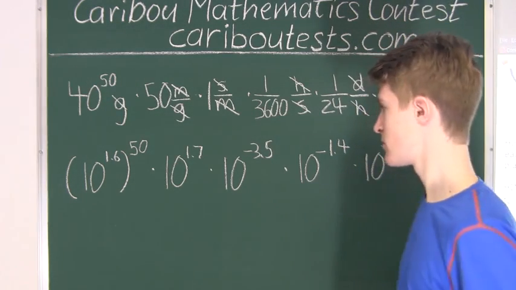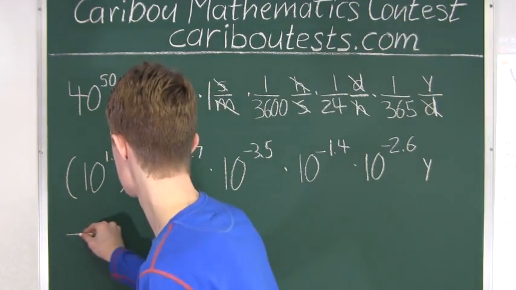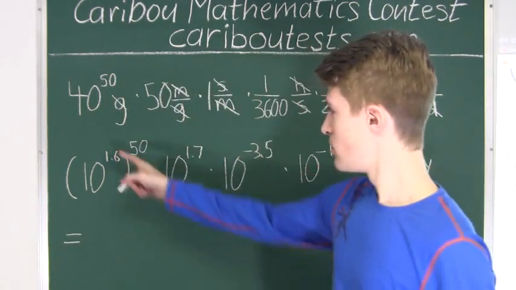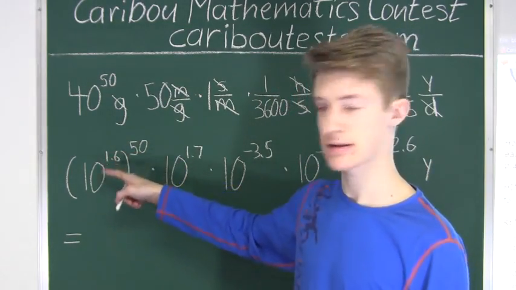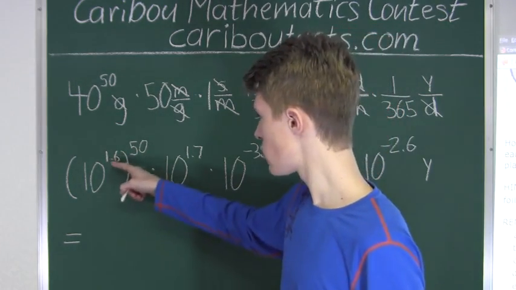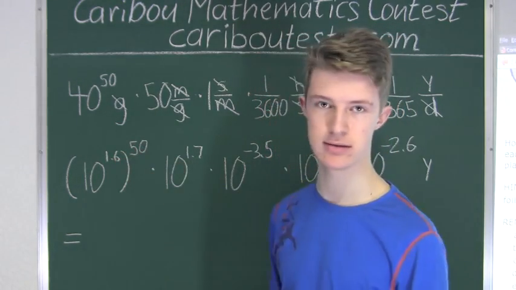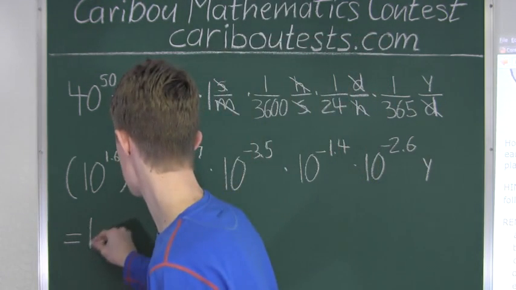Okay, alright. Now using one of the power rules, we will do 1.6 times 50. 1 times 50 is 50, 0.6 times 50 is 30, and 50 plus 30 is 80, so we have 10 to the power of 80.